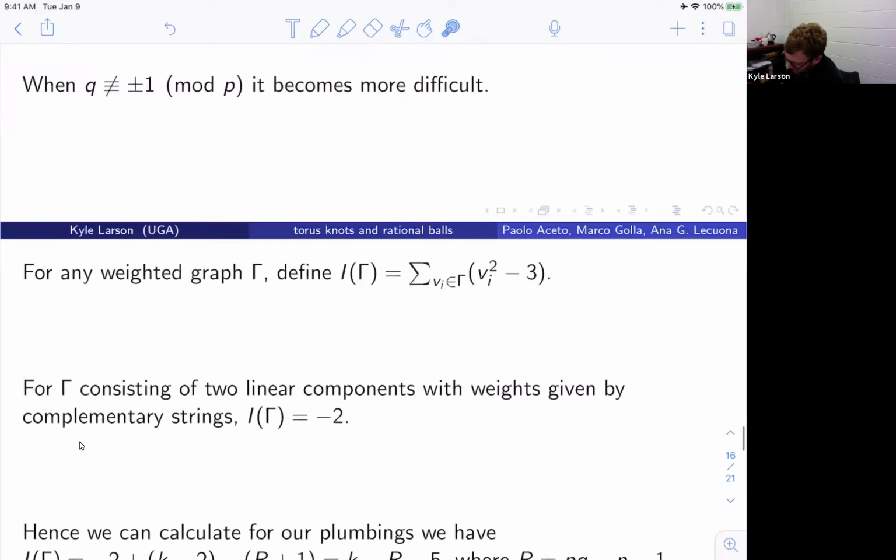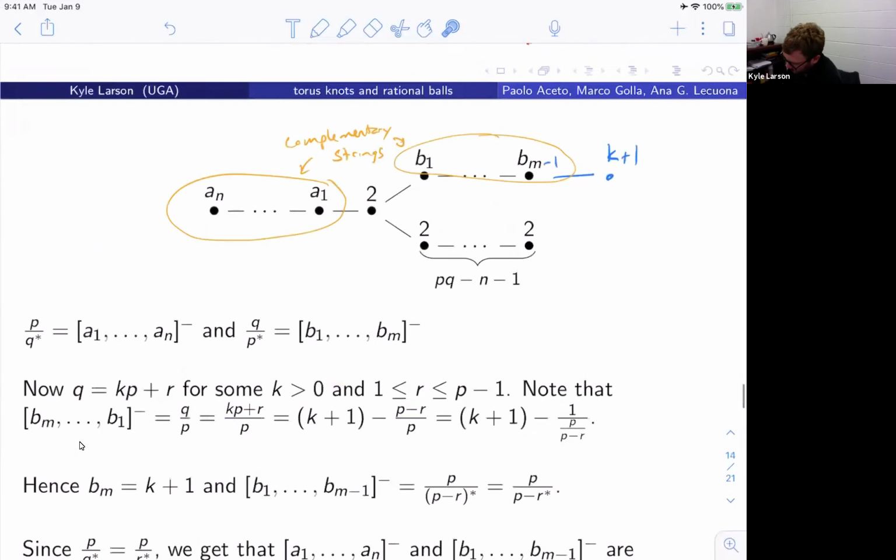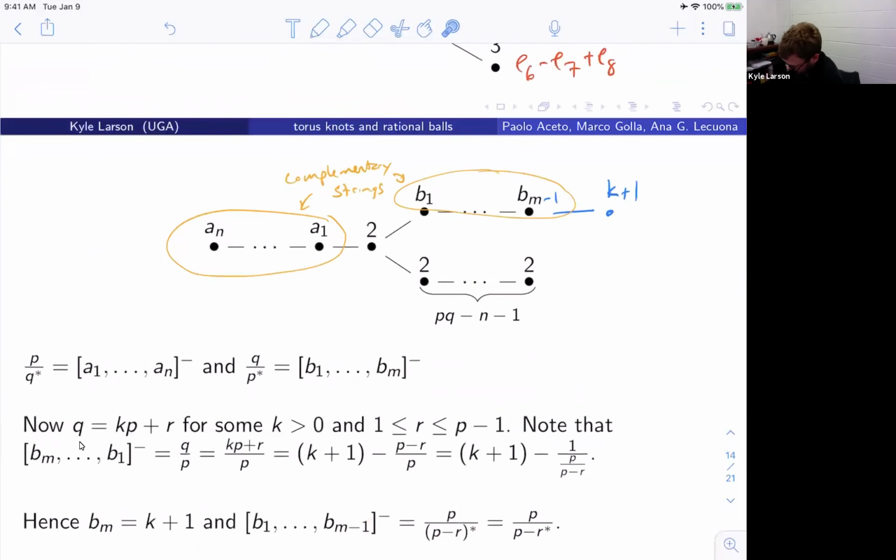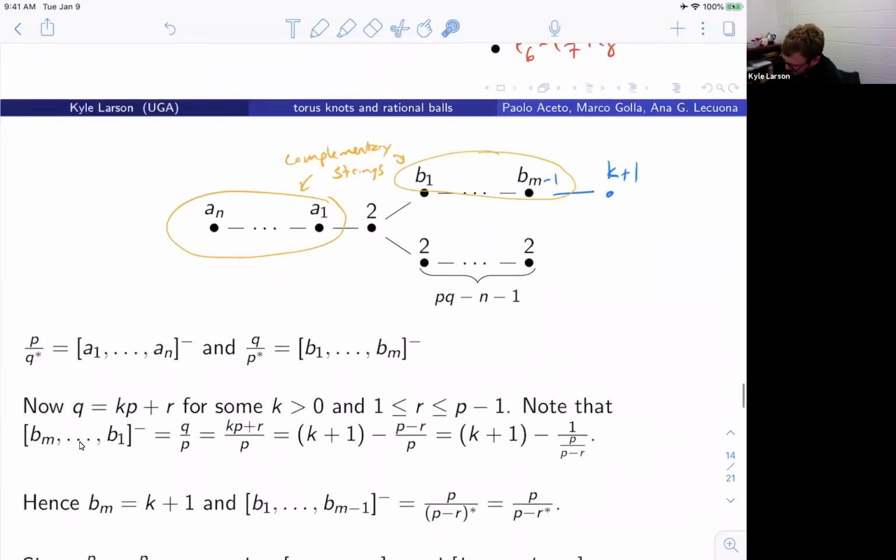So if you look at our plumbings, we can now compute I. We have these complementary strings, which contribute -2 to I. We have this vertex with weight k plus 1, which contributes k minus 2 to I. Then we have this two chain, and each vertex in the two chain contributes a -1, plus we have this central vertex. So these all contribute -1.